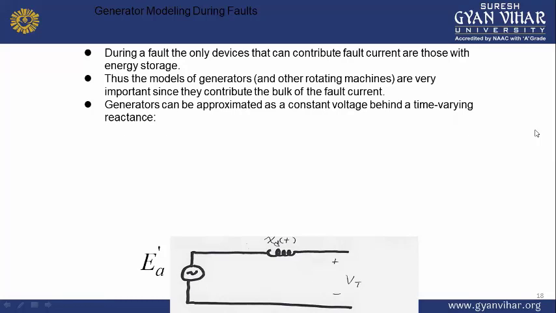The steady state short circuit model of a synchronous machine on a per phase basis has been shown to you in this figure. Now, during the fault, the only devices that can contribute fault current are those with energy storage. Thus, the models of the generators are very important since they contribute the bulk of the fault currents. The generators can be approximated as a constant voltage behind a time varying reactance.